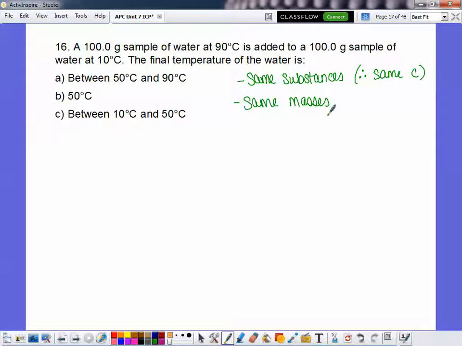So for this problem and for part 1 of your lab, to find the final temperature, you're just going to average your two starting temperatures here, because it's the same mass and the same substance. If it's not the same mass and/or not the same substance, you cannot do an average. But it is for here, okay? So the final temperature is the average of initial temperatures.